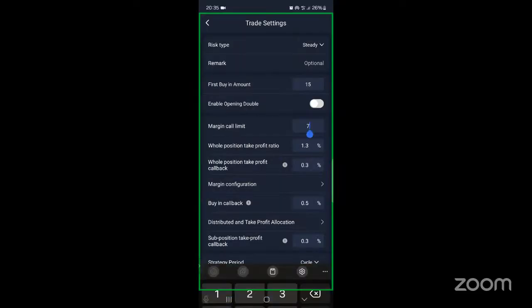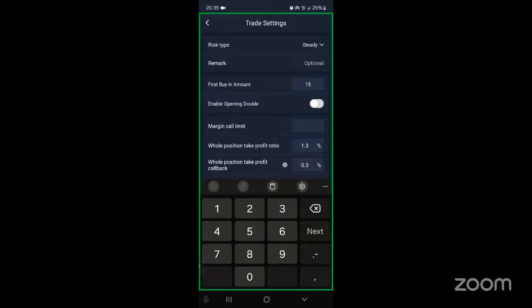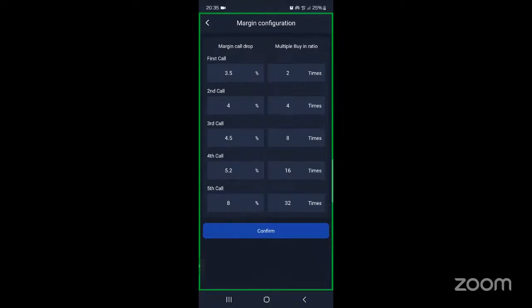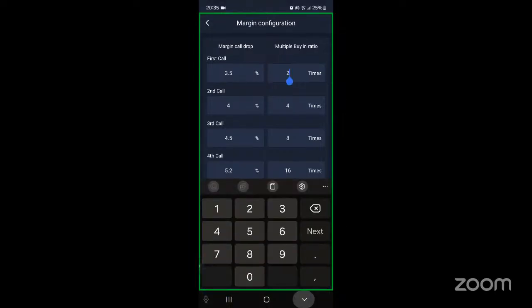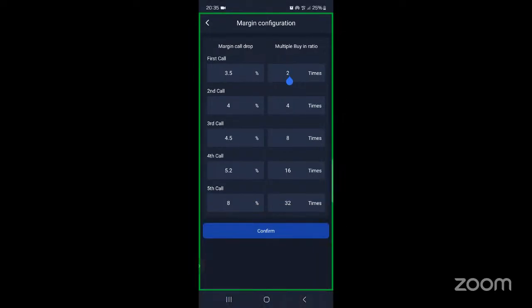So let's say I want to have 5 margin calls on my trade. This is one way. The default one LoyalTube uses is the exponential one, which is 1, 2, 4, 8, 16.